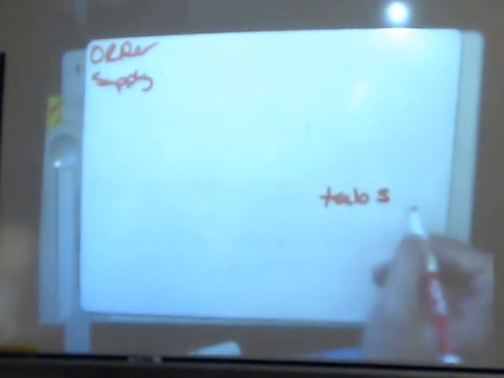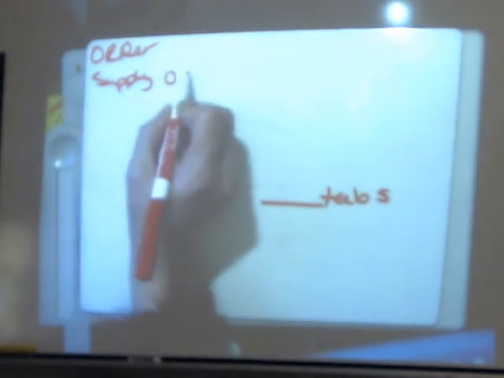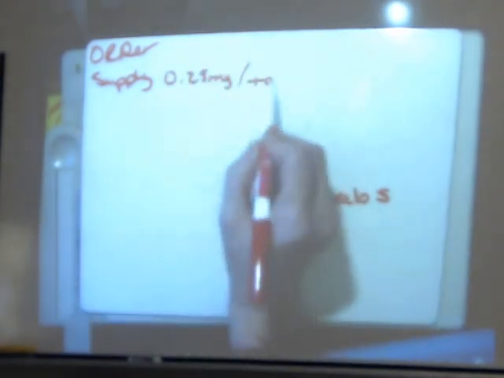So 4 says, calculate how many tabs, so we've got to put tabs, of digoxin the patient will receive from a unit dose of 0.25 milligrams per tab. So that's our supply, 0.25 milligrams per tab.